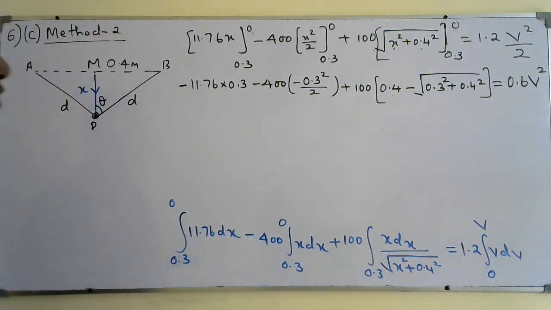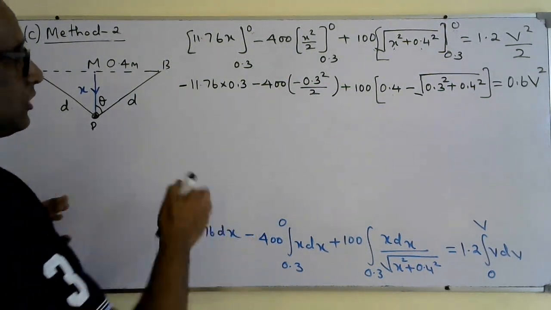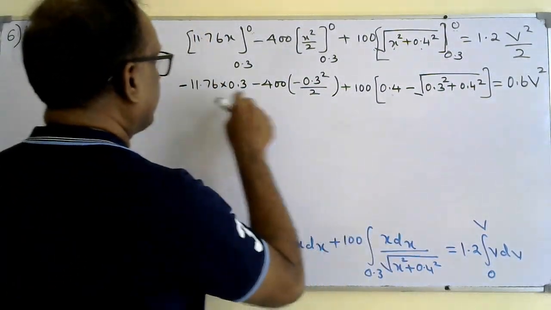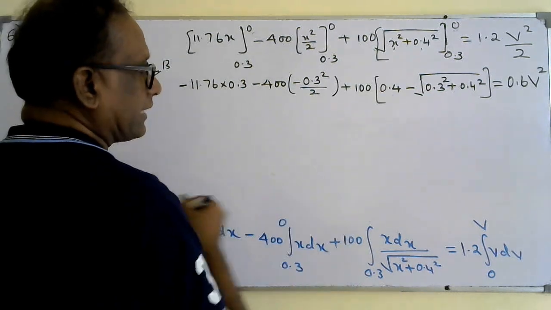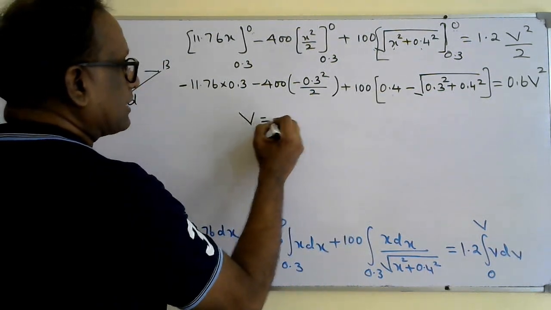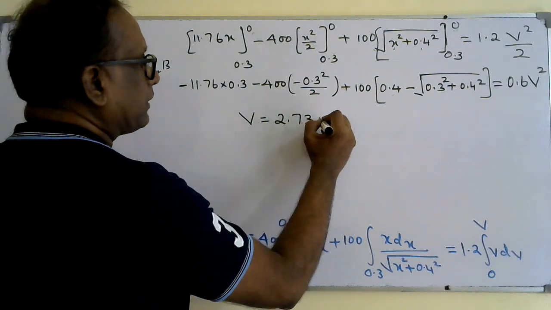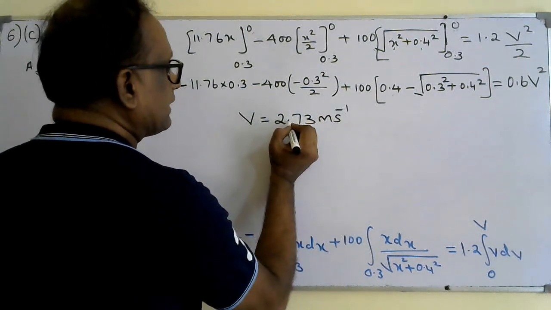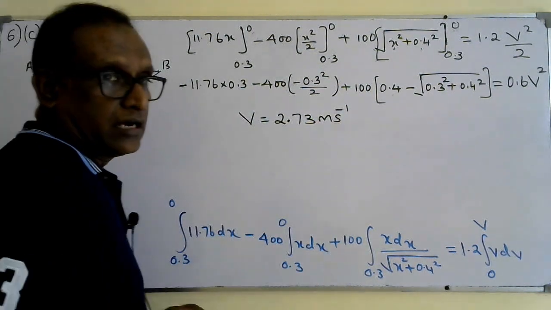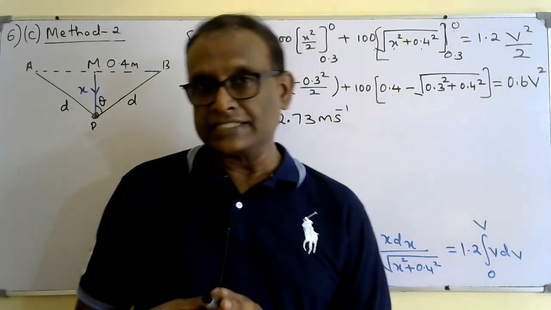Now everything we know, substitute and solve to find v, and you will get the same earlier answer. Be careful calculating all the numbers, the minus and plus signs. Finally, you will get the same answer, 2.73 meters per second. Exactly the same answer, but only thing is there is much more working in this question.